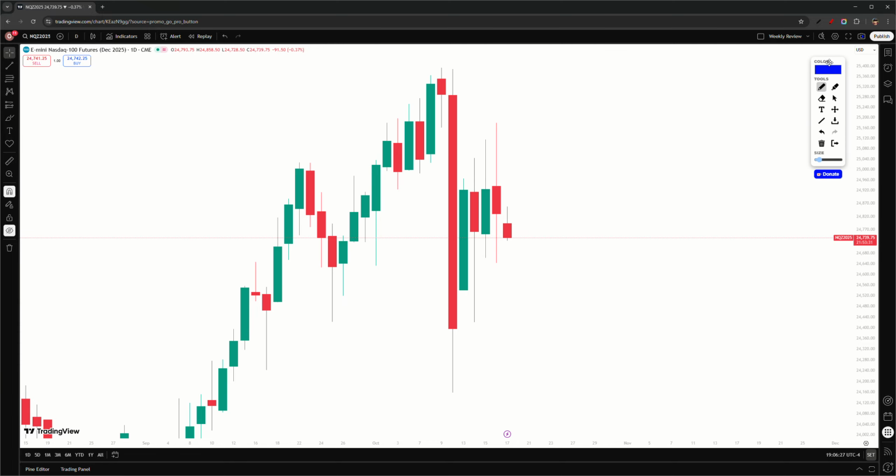Let me just move it a little bit here. So we have here this fair value gap on the daily. Fair value gap. It's in the form of a CB, right? And that's what we have highlighted here in this color. This one. This is the fair value gap that we have, right?